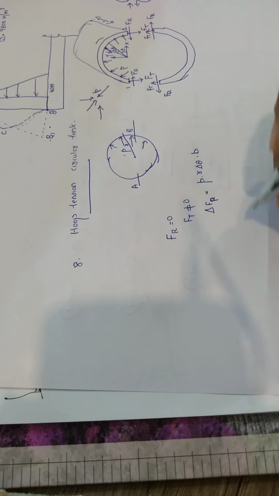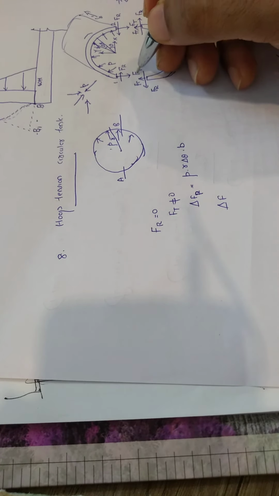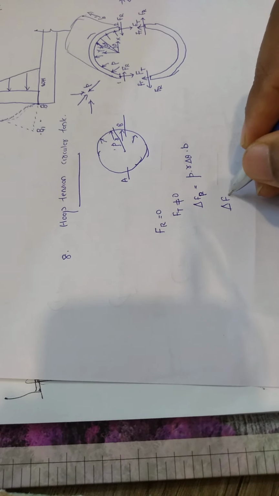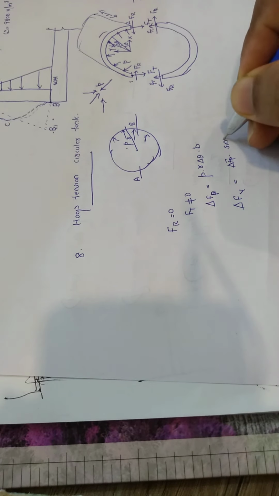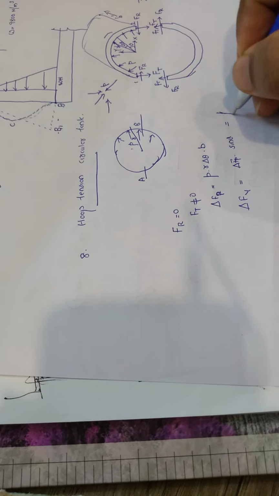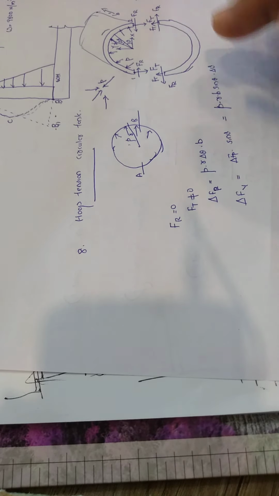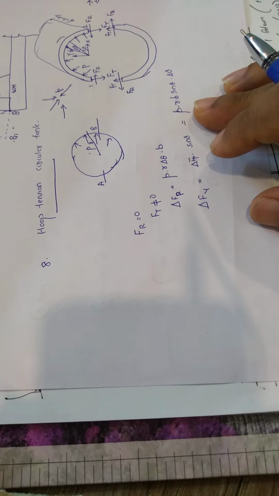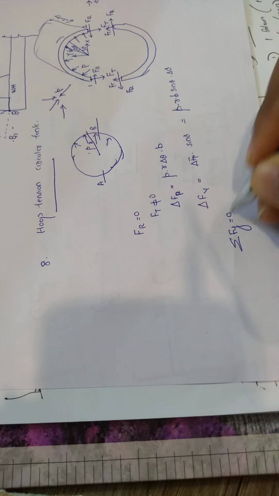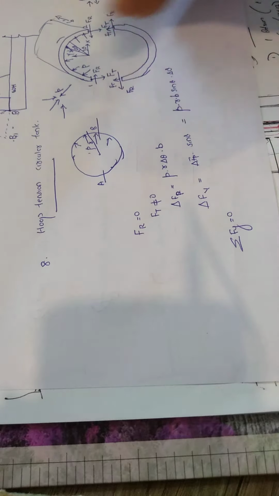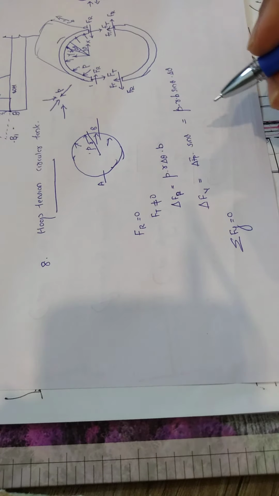If I take the component in the y direction, because my Ft is in the y direction, the component delta Fy is nothing but delta Fp sine theta, and what I get is P r b sine theta delta theta. Taking the limit delta theta tends to 0, and also taking the sum of Fy equal to 0: the two forces Ft are acting downwards, and the vertical component of delta Fp is acting upward.